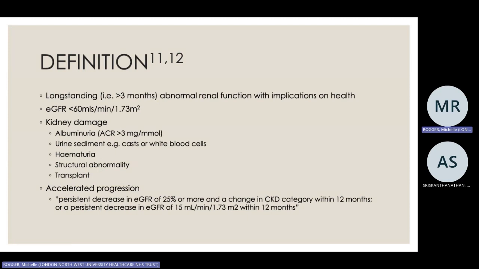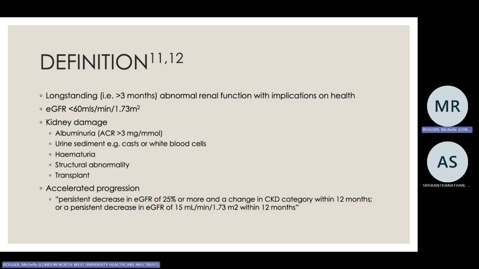So what is the definition of chronic kidney disease? In comparison to AKI, it's a long-standing change in someone's renal function. Long-standing in CKD is considered to be more than 3 months of a change in someone's renal function and subsequent implications on their health.